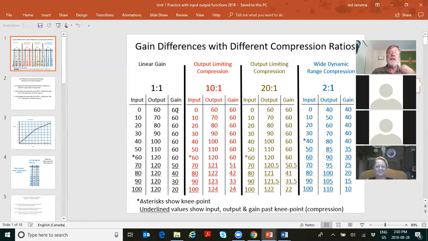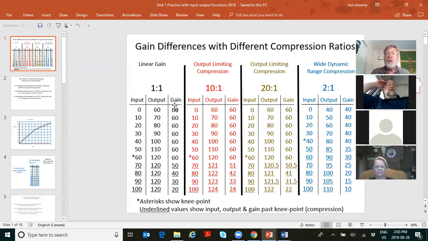Here's an output limiting compression, and here's another output limiting compression, and here's a wide dynamic range compression hearing aid. In each of these columns, you're going to see three little columns: input, output, gain. Input plus gain is output.